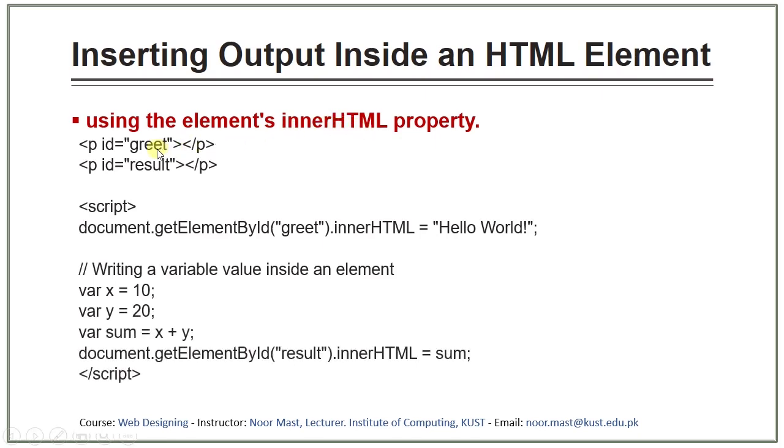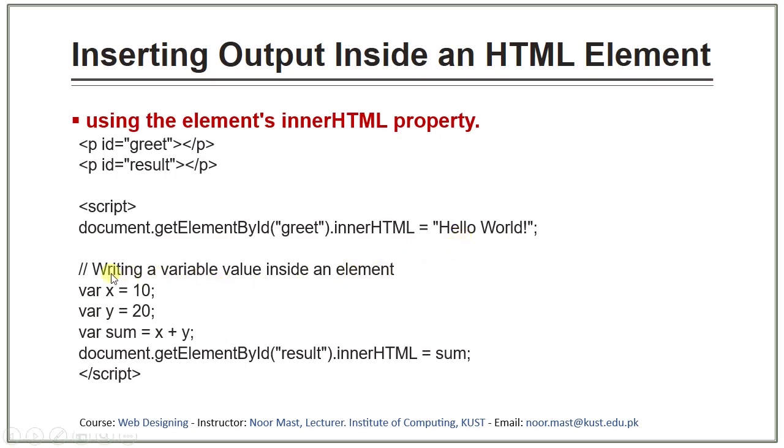Here we have two paragraph elements and their IDs are grade and result respectively. And here we are using the document.getElementById method to access the paragraph whose ID is grade and to display a hello world message in that element.